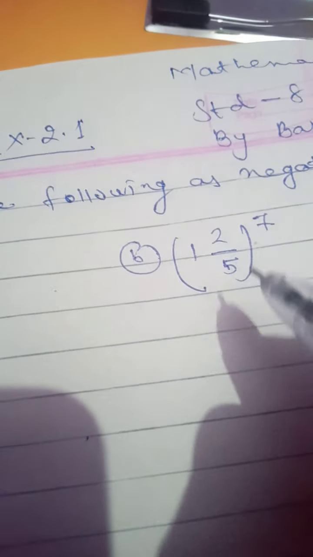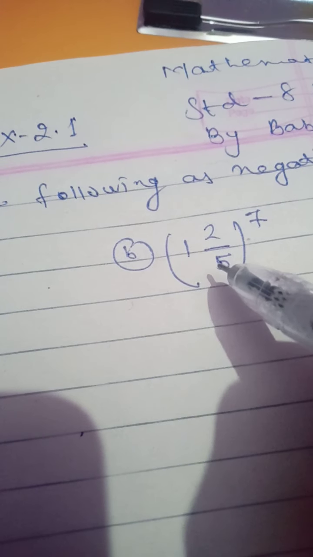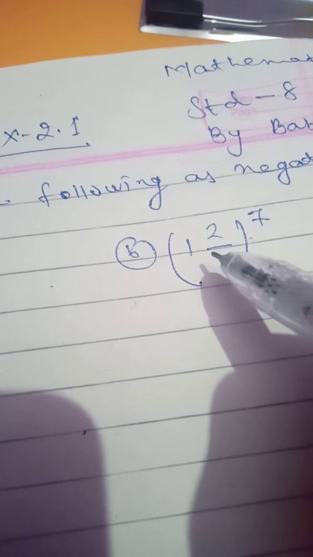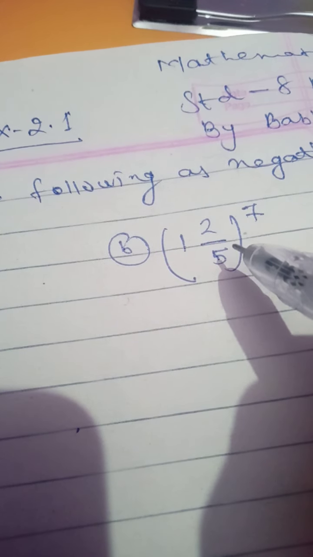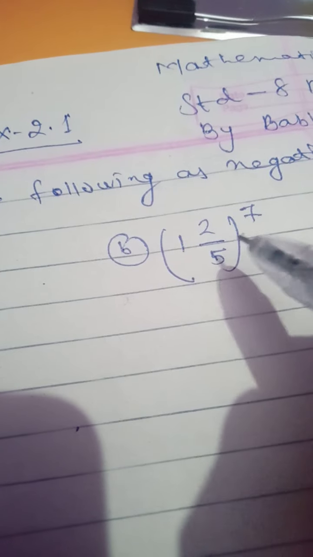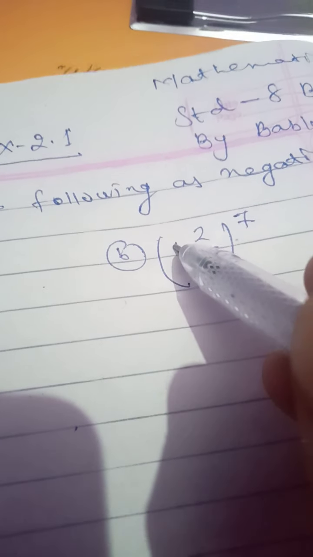In the same way, question b: the number is written as a mixed fraction, so we first convert this into an improper fraction. 5 into 1 is 5, 5 plus 2 is 7. This becomes 7 upon 5 raised to power 7.